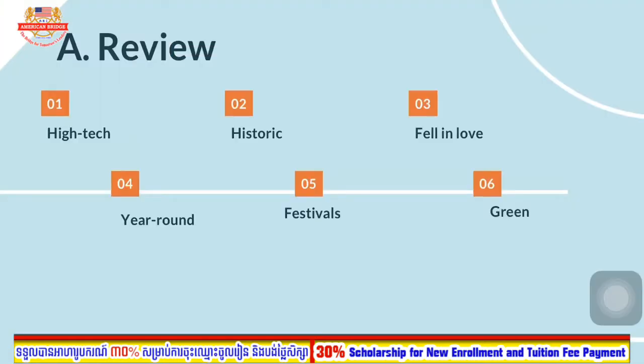For the review we have six vocabulary words. The first one, high-tech, historic, fell in love, year-round, festivals, green. Again, students, the teacher will read it for you, then you have to listen to me. High-tech, historic, fell in love, year-round, festivals, green.